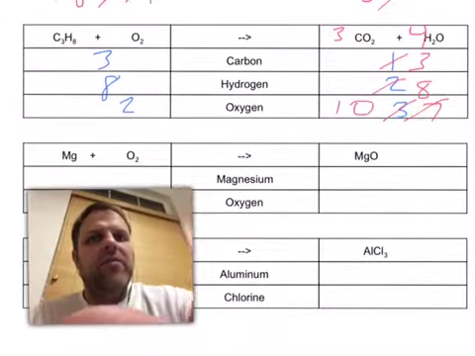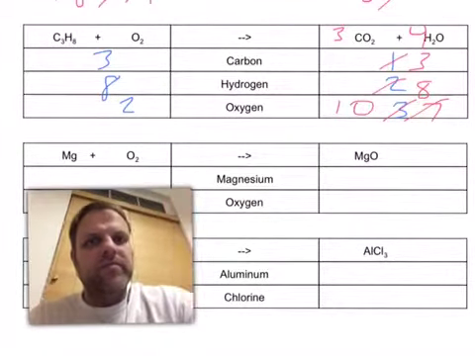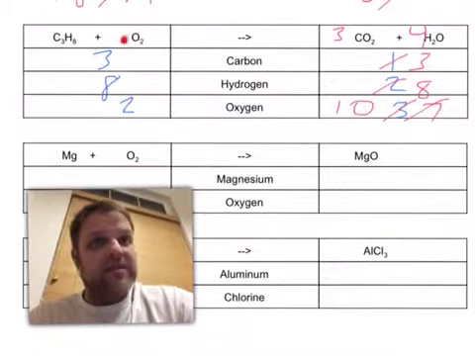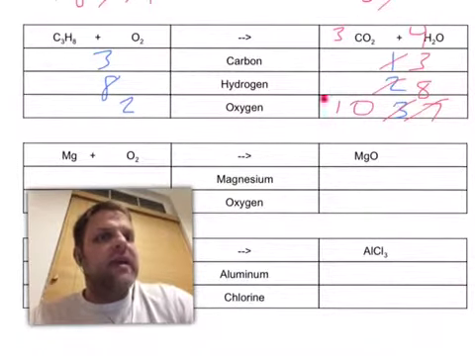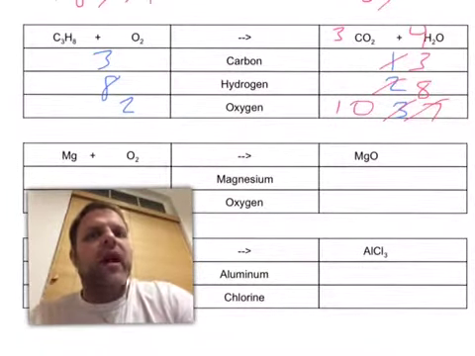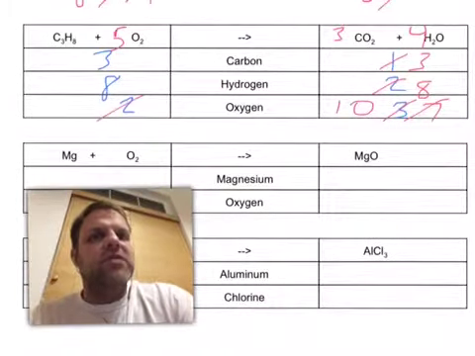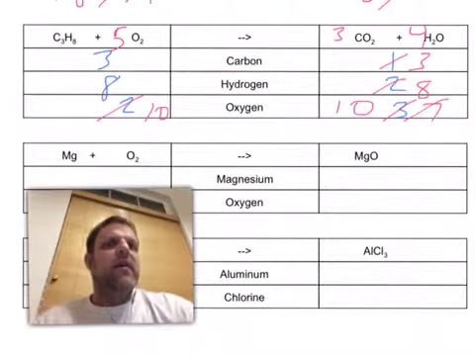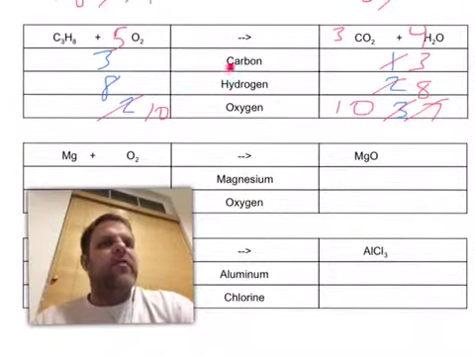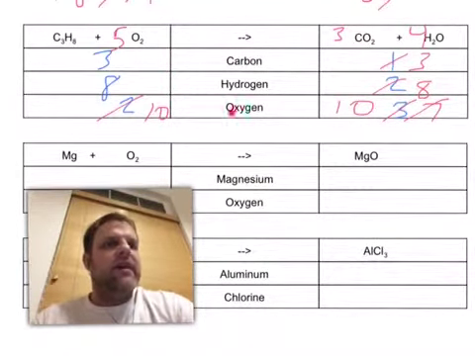Because there's a 2 out in front of this oxygen, and I need to get 10, I need to figure out what number to put out in front, and that number will be a 5, which will change this oxygen to 10. And now you'll notice that now I've got 3 and 3, 8 and 8, 10 and 10.